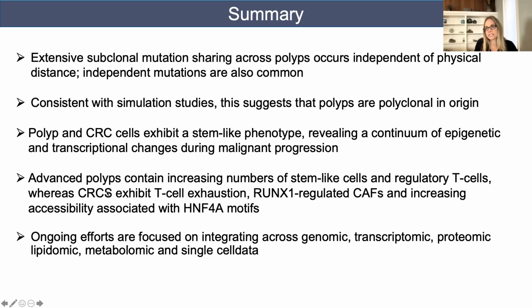In contrast, CRCs exhibit evidence for T cell exhaustion and RUNX1 regulation of CAFs, as well as increasing accessibility associated with HNF4A motifs. And so ongoing efforts within this pre-cancer atlas have been focused on integrating across the many other OMEs that I didn't have time to share with you today. We're also very interested in building out our evolutionary analyses further and surveying additional prospectively collected cases.